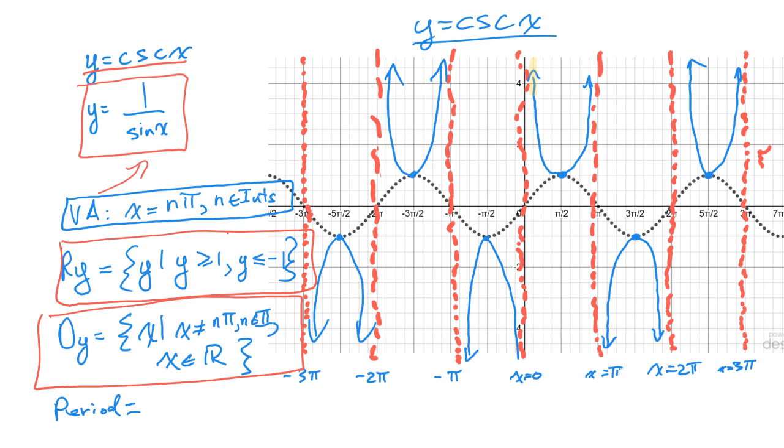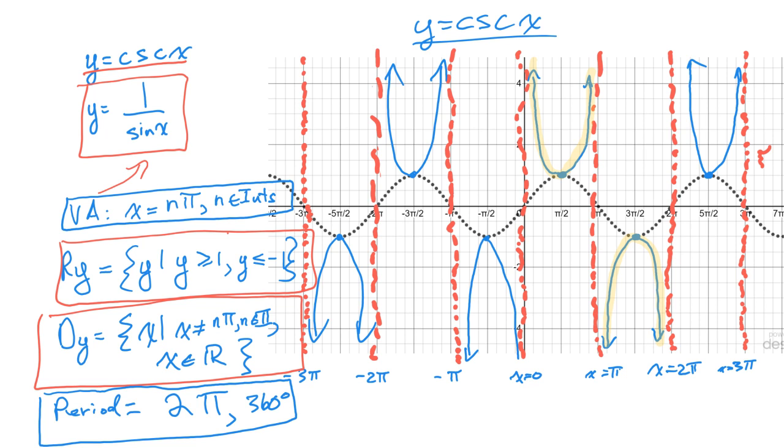It's actually this and this repeated over and over again for our function. You'll notice that our period in this case is 2 pi, also known as 360 degrees. And in that period, there are always 3 vertical asymptotes: at the beginning, at the middle, and at the end.